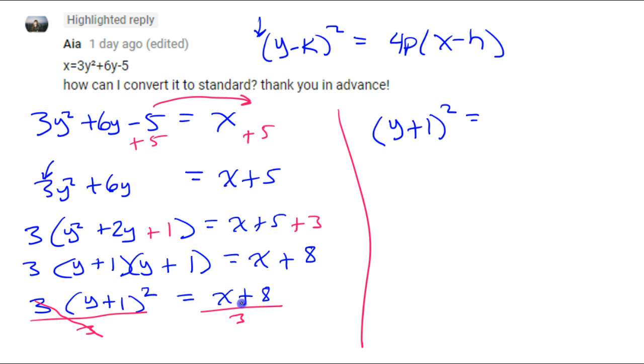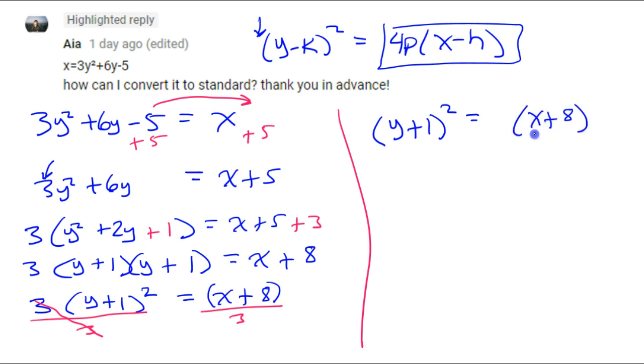Now, how can I write this in a way that looks as much like this as possible? So I want to keep the x plus 8. I don't want to mess with that. So x plus 8, I'm going to leave that the way it is. But this dividing by 3 is the same thing as multiplying by 1/3. So I can take this 1 over 3 and put it in the front.